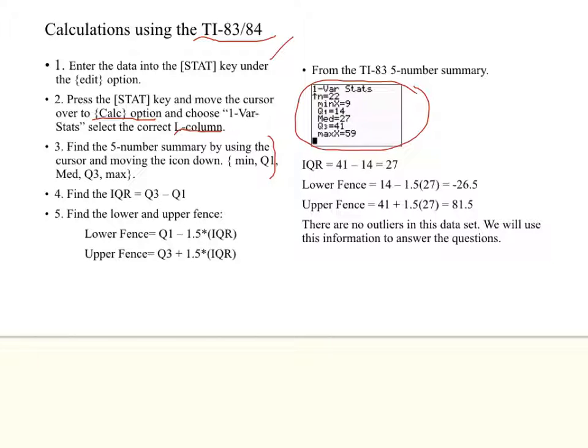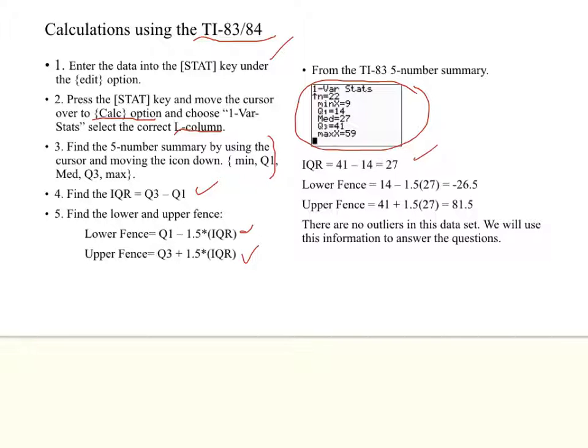And now you can find the interquartile range, right, because it's Q3 minus Q1, and you can find the upper and lower fences. There's the formula for both of those. The lower fence is Q1 minus 1.5 times IQR, and the upper fence is Q3 plus 1.5 times the IQR. So in this case, we did that.